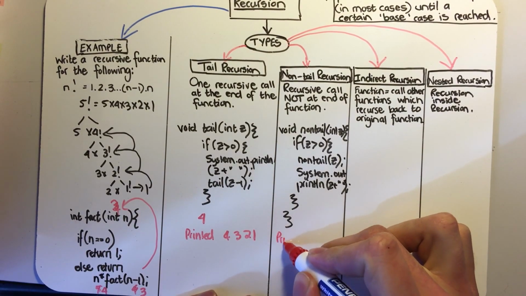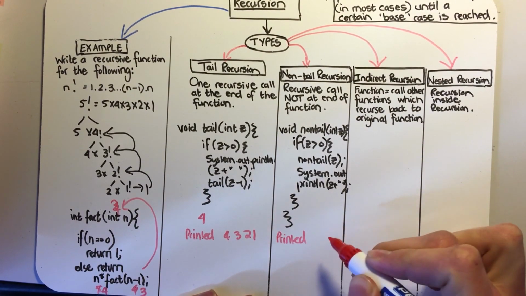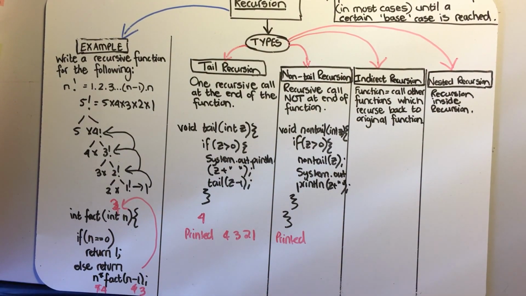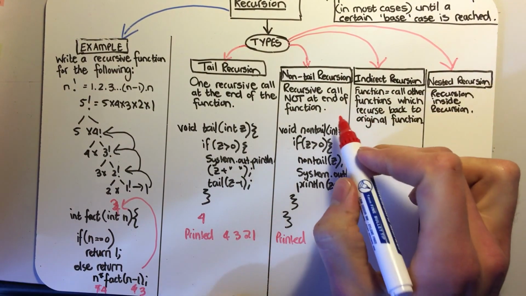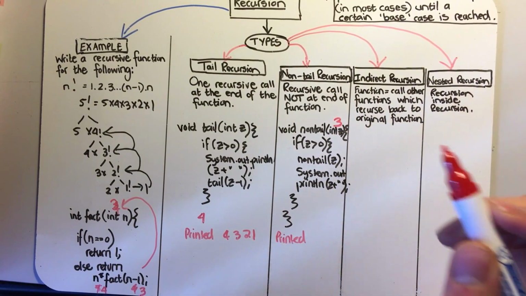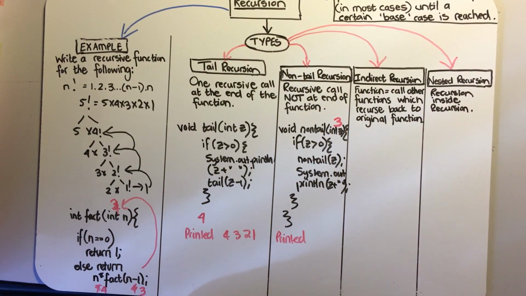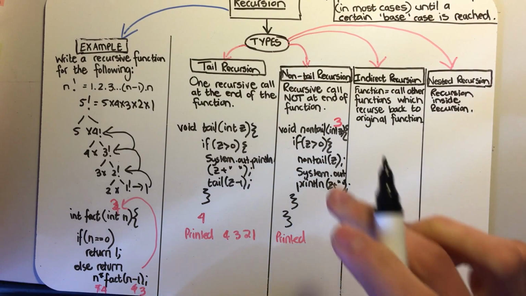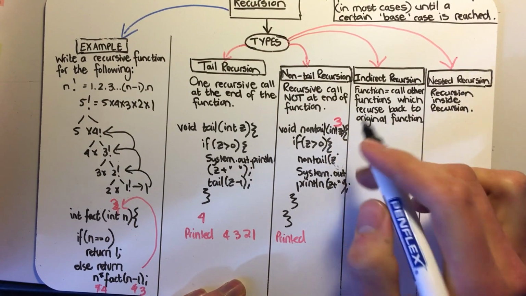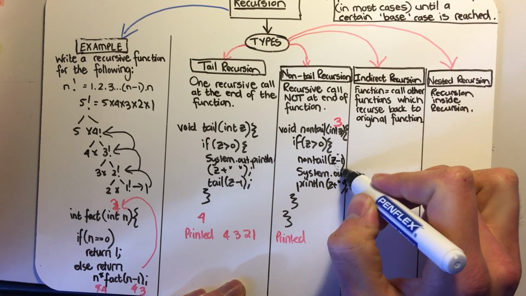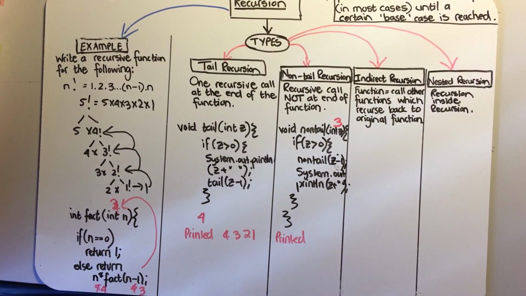So your output will instead be, so you're going to say, okay, well, recursive call of, let's say, 3. Then you're going to do a non-tail recursive call of z minus 1. This is supposed to be z minus 1. My apologies.